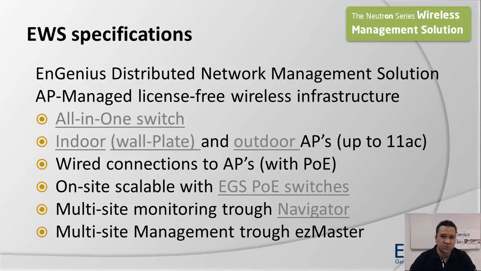In just a few sentences, we can summarize the function of this solution as follows. So we have one all-in-one switch, which is a layer 2 switch with PoE and with management function. And we have indoor and outdoor access points. And I actually added one more word in my presentation for today, and it is our Wallplate indoor access point, which is going to be a new product.